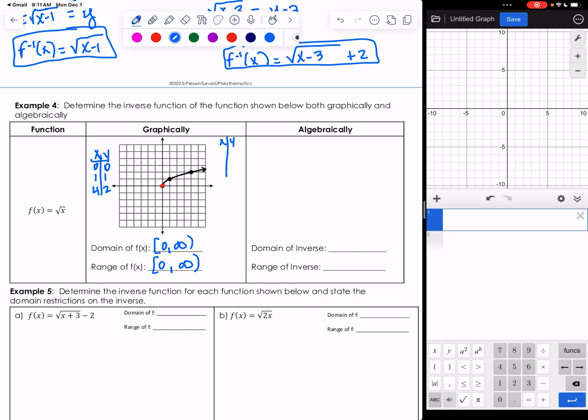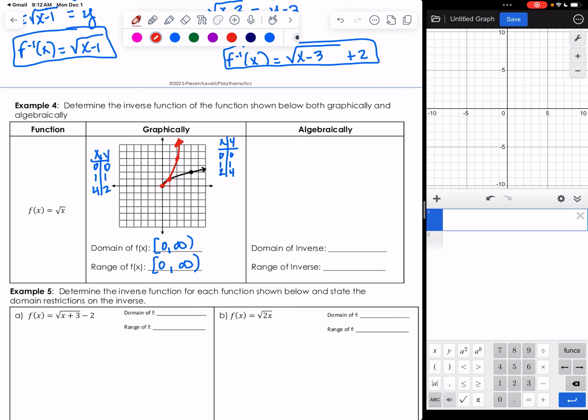So if I switch the x and y, (0, 0) stays (0, 0), (1, 1) stays (1, 1), but (4, 2) becomes (2, 4). All right, now let's plot that. So (0, 0), (1, 1), and (2, 4). And notice what I get is 1/2 of a parabola.